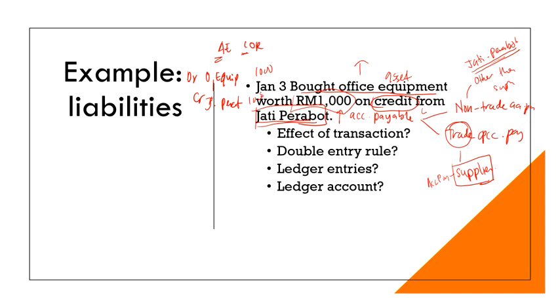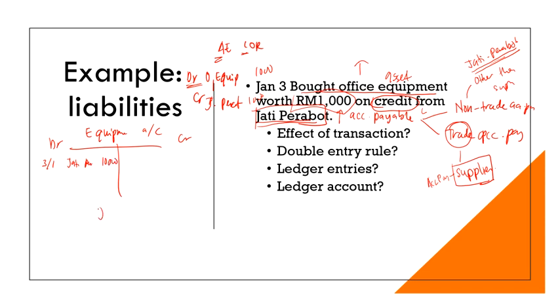So now let's do the ledger account. You pun buka office equipment account. So this is debit side, this is credit side. Since you are debiting your office equipment, so the date is 3rd of January. So particulars will be your Jati Prabut RM 1,000.